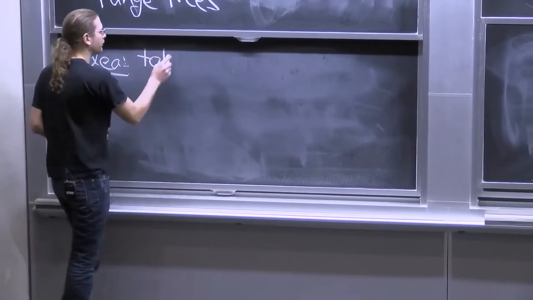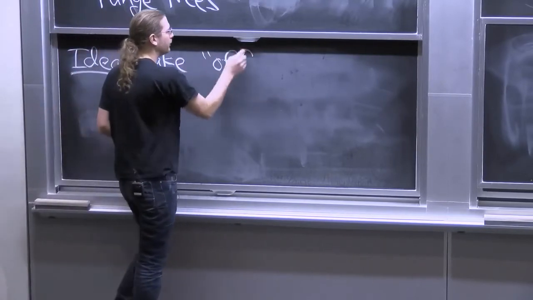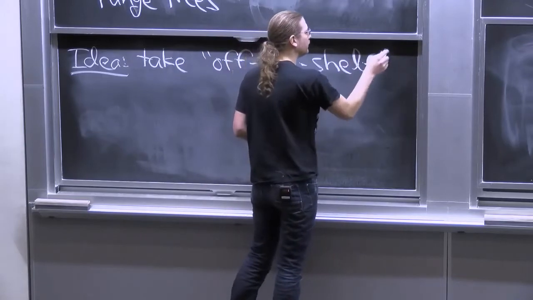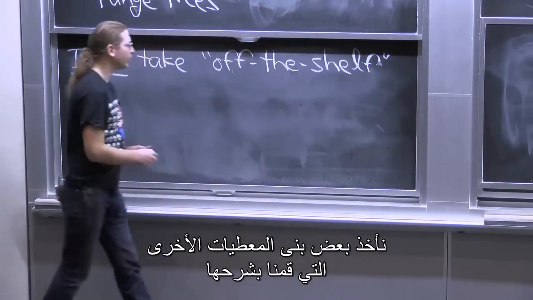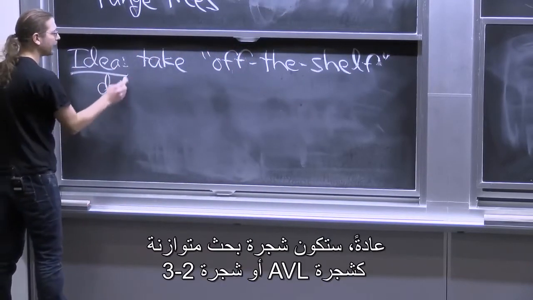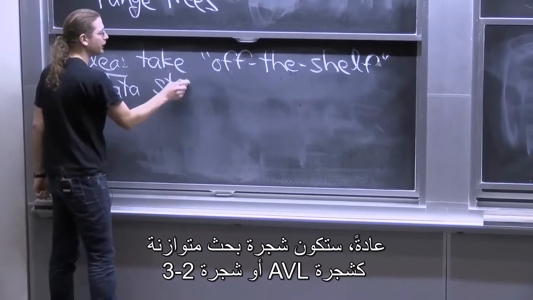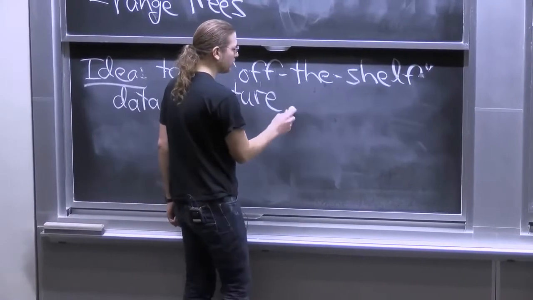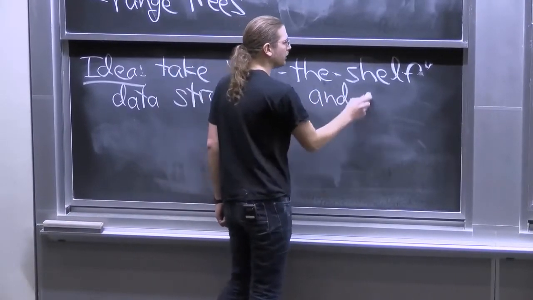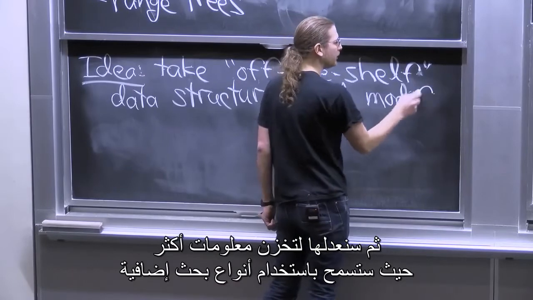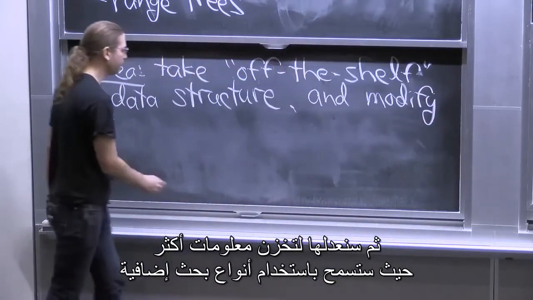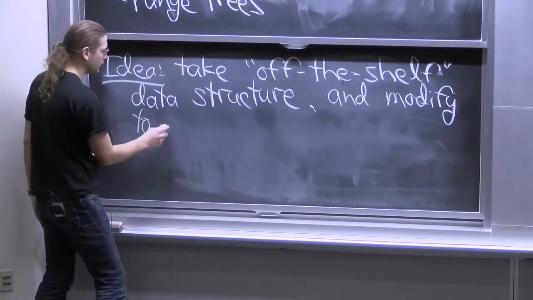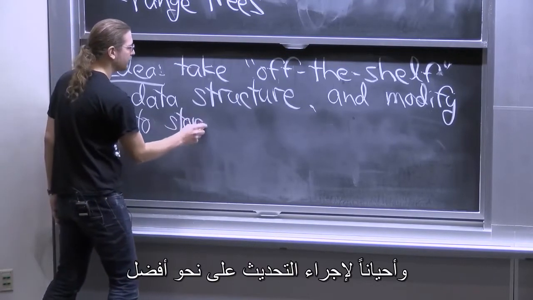Typically, we take some other data structure that we've covered, like a balanced search tree, such as an AVL tree or a 2-3 tree. And then we'll modify it to store extra information, which will enable additional kinds of searches, typically, and sometimes to do updates better.